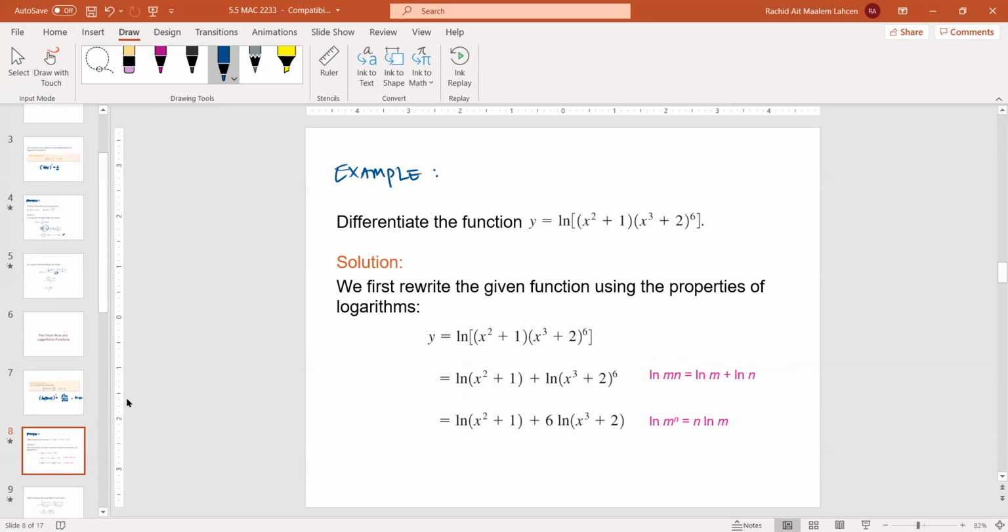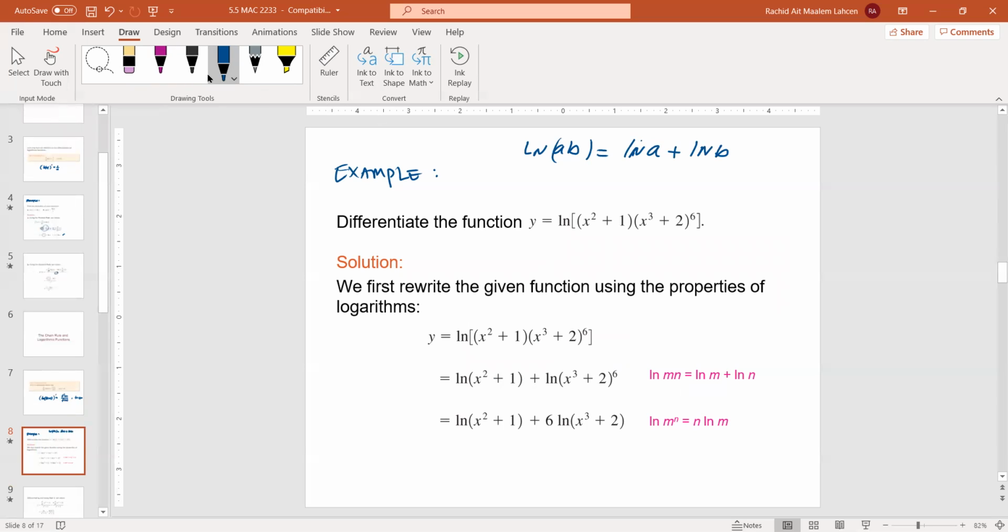If we want to differentiate this, then we first need to write it in a different form. Let's say you have natural log of a times b. Then you can do natural log of a plus natural log of b.